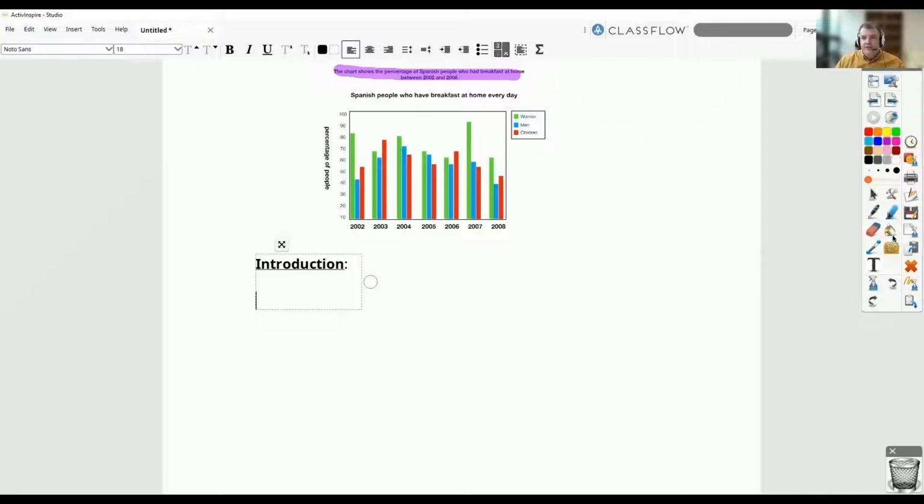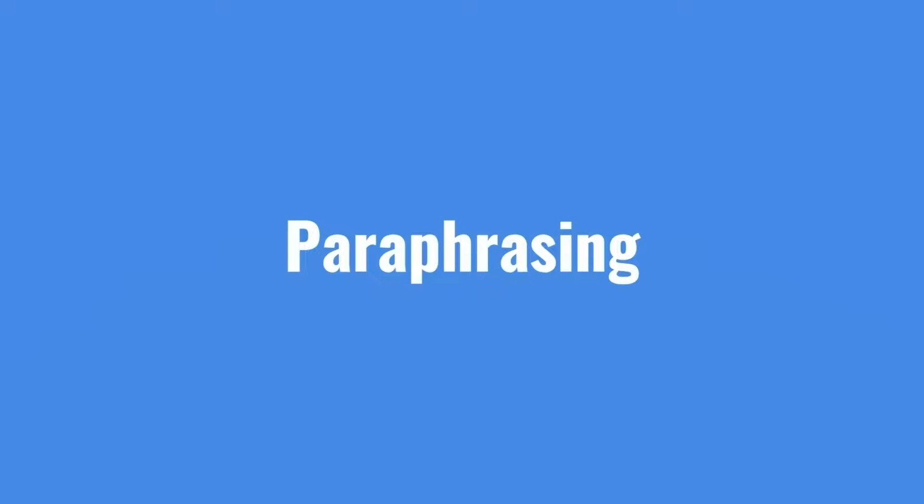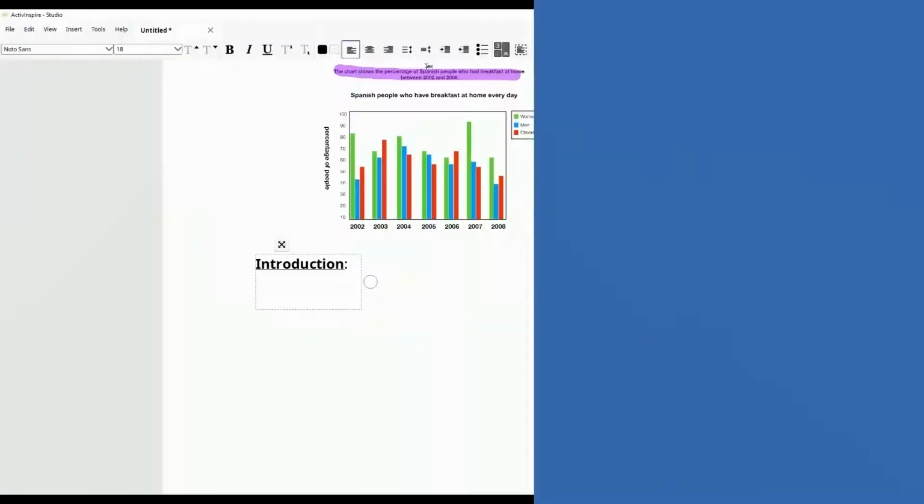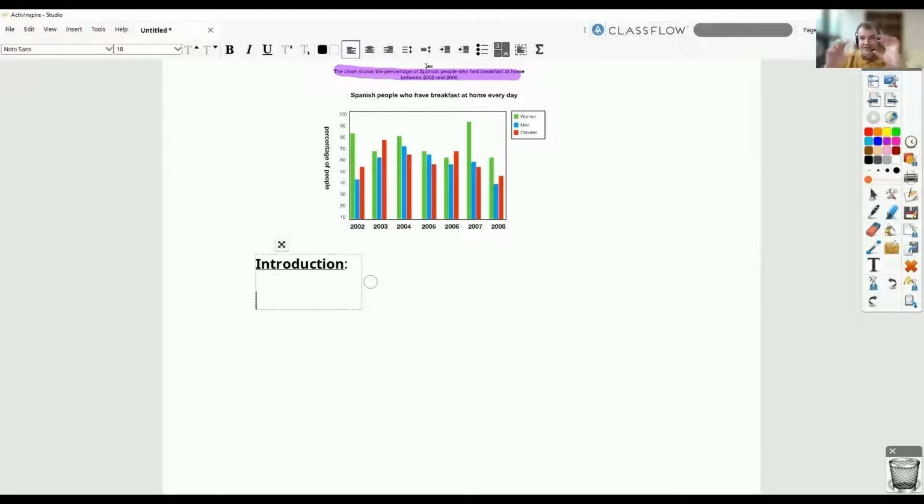So remember, the introduction is a paraphrase. A paraphrase means to change language, to change sentences, keep the meaning, but change some of the words so that you show the examiner that you're able to understand what it says, and that your vocabulary is enough to be able to rephrase the introduction here, or the title question.